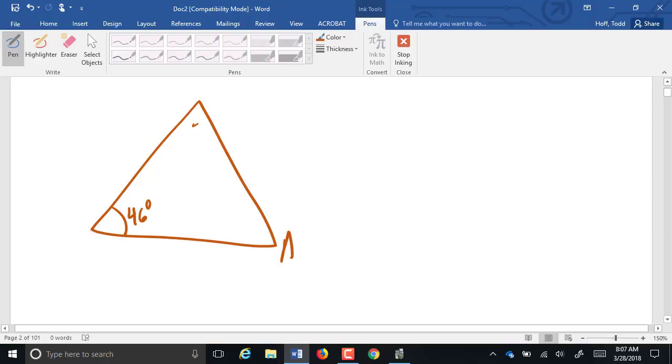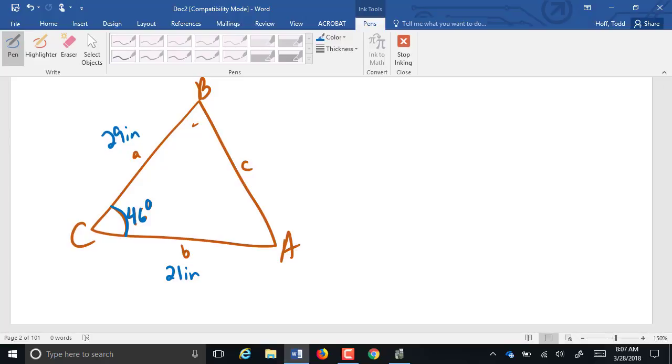I'm going to label this one in a very specific manner, though. Notice the angle is angle C. So I'm going to tell you that that's 46 degrees there. I'm going to tell you this here is 21 inches, and this here is 29 inches. Do I have a side and opposite angle? No. Can I get one?